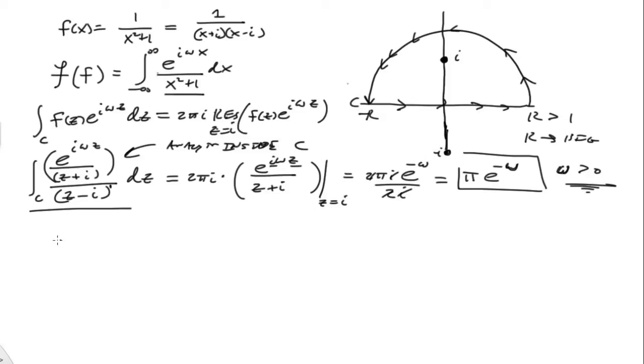All right, so this contour integral of f of z e to the i omega z dz, we can break up into two pieces.